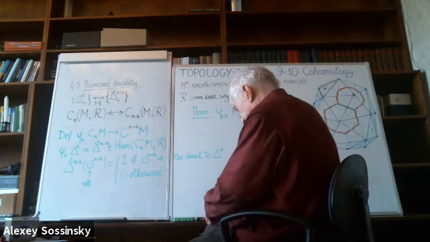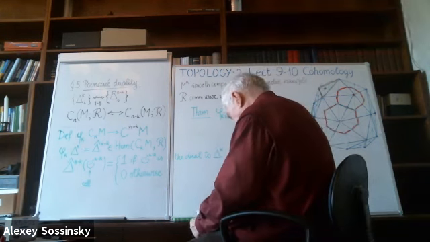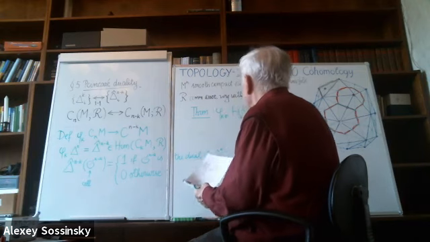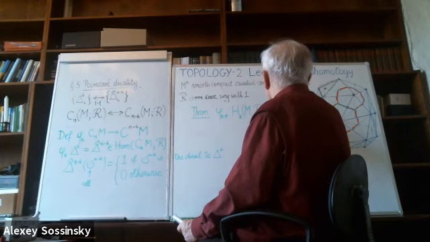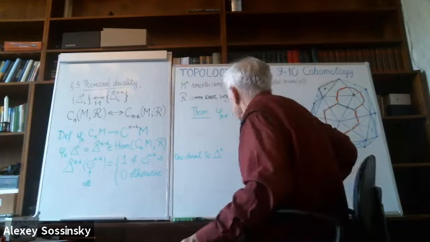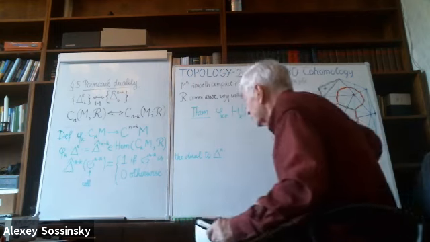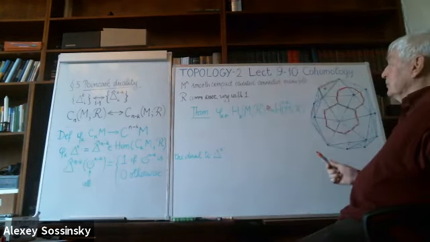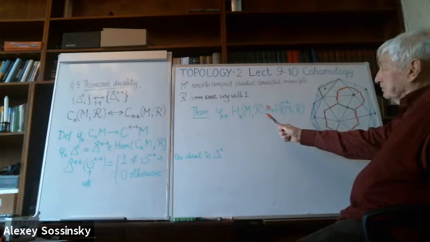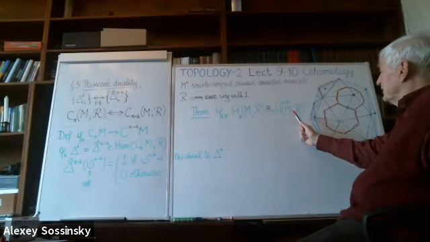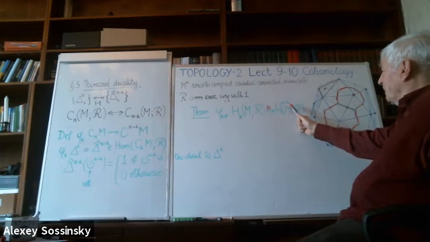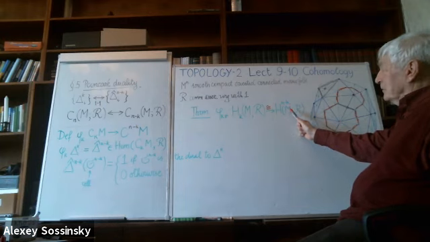And this, under our conditions, is an isomorphism. So we have obtained an isomorphism between the homology groups of dimension k over a manifold and the cohomology groups of dimension n minus k of the same manifold.